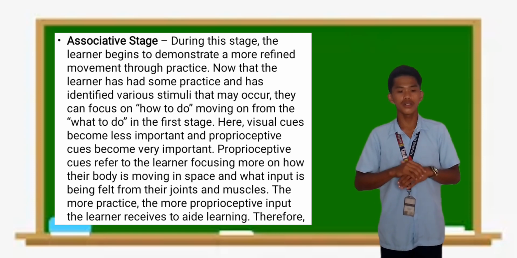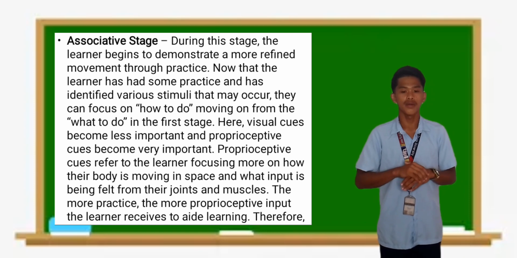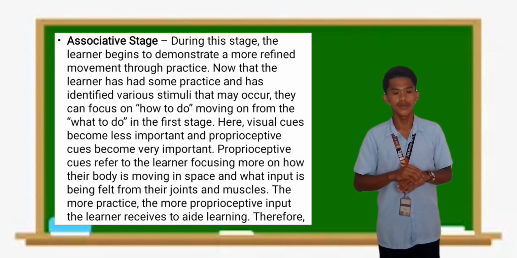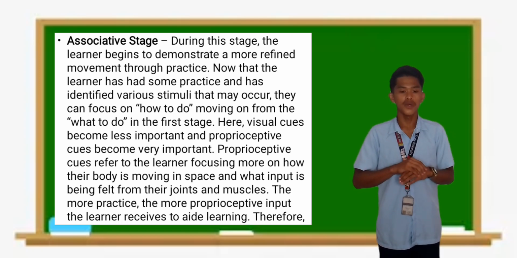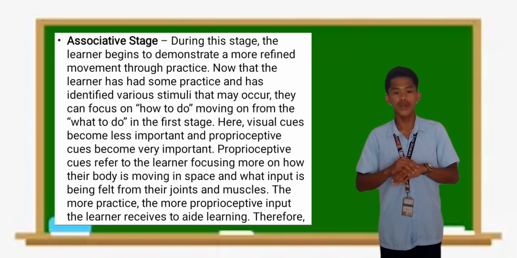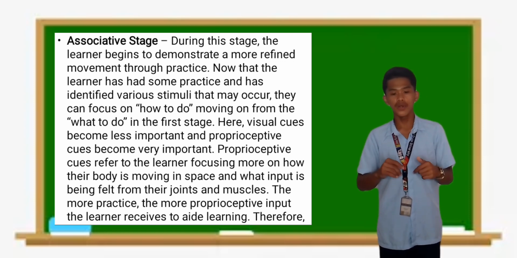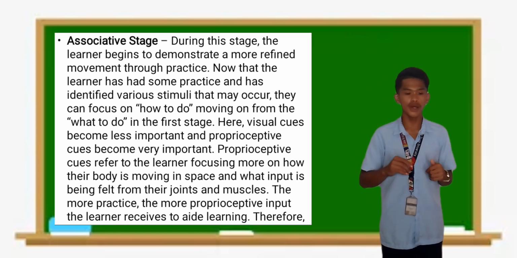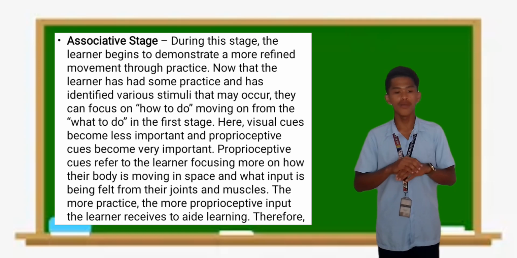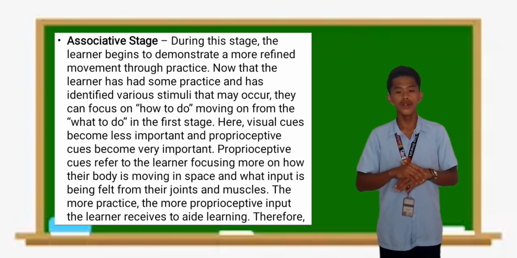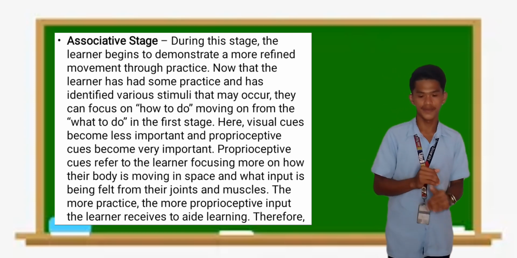Visual input becomes less important and proprioceptive input becomes very important. Proprioceptive input refers to the learner focusing more on how their body is moving in space and what input is being felt from their joints and muscles. The more practice, the more proprioceptive input the learner receives to aid the learning. Therefore, the more the practice, the better.